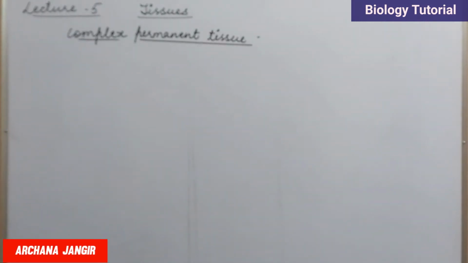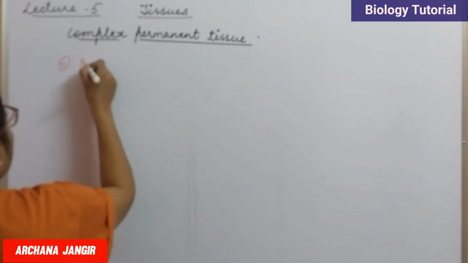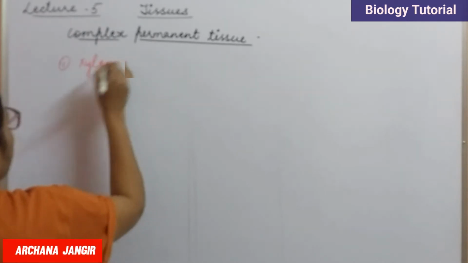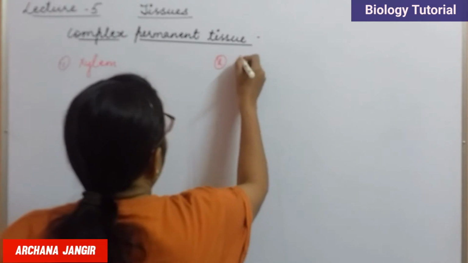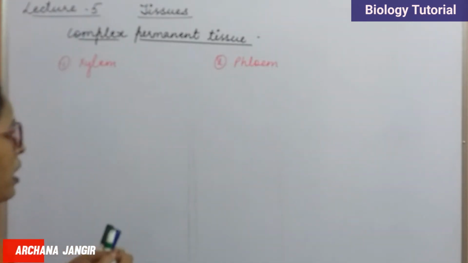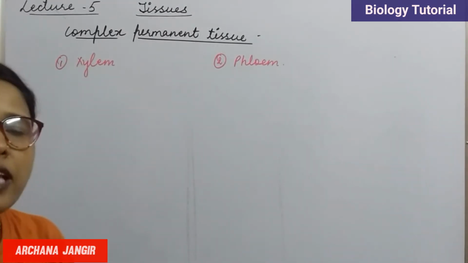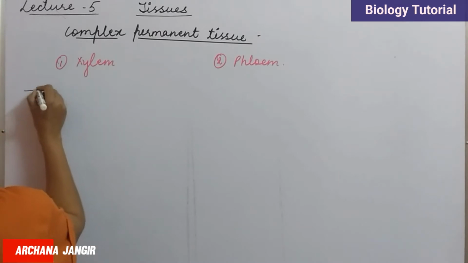Basically these complex permanent tissues are divided into two categories. First category is xylem tissues and second one is phloem tissues. Clear? Xylem and phloem. Xylem tissues are made up of four types of cells.